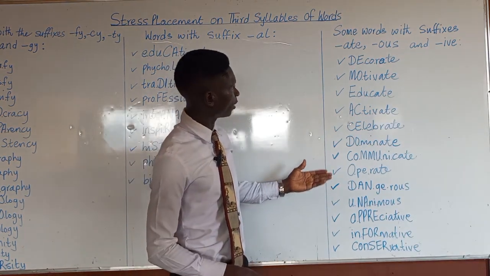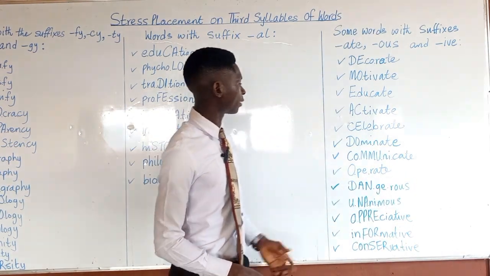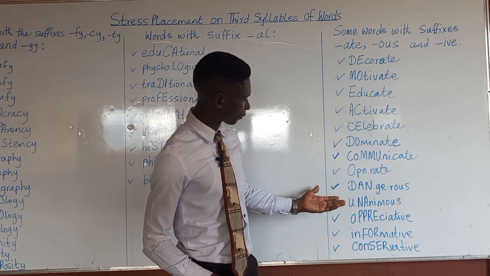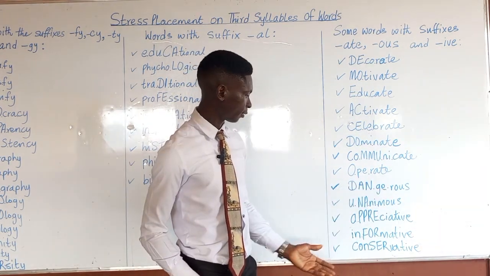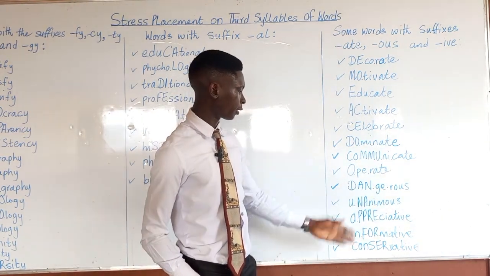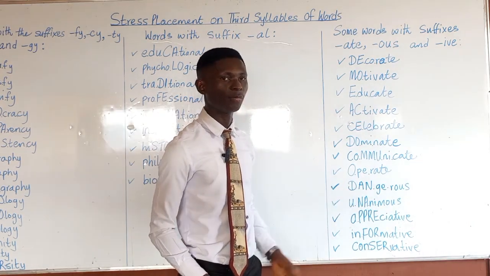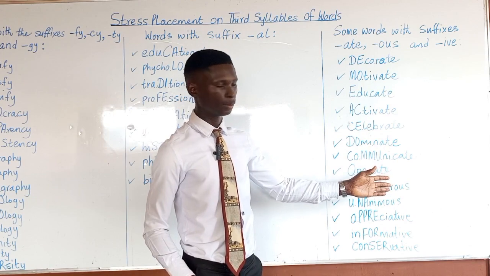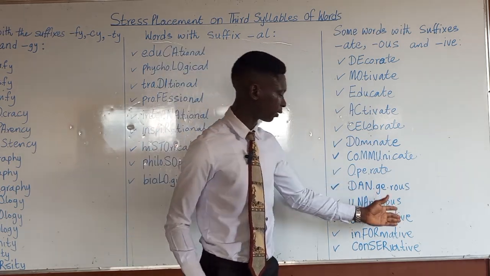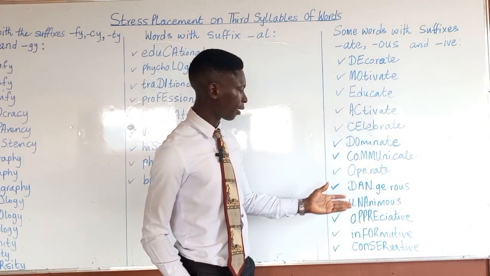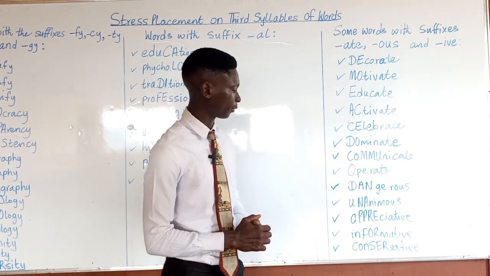Moreover, we also consider some words with ous suffix, like dangerous, unanimous. So these two words are stressed on the third syllable from the end because of the suffixes. So we consider the suffixes we have in these words and then allocate the stress.